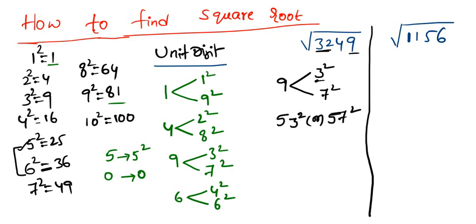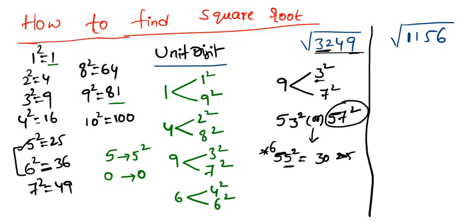Then what is the exact value of root of 3249? Either it may be 53 or 57. So how to find the exact value? In between we have 55 square. To find 55 square is very easy: 5 square is 25, the next number after 5 is 6, so 5 times 6 is 30, giving 3025. The given value is more than 3025, so the answer is more than 55.